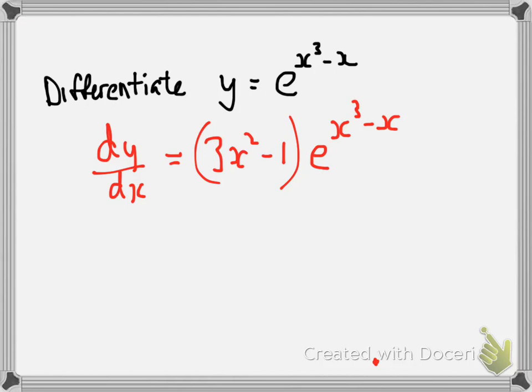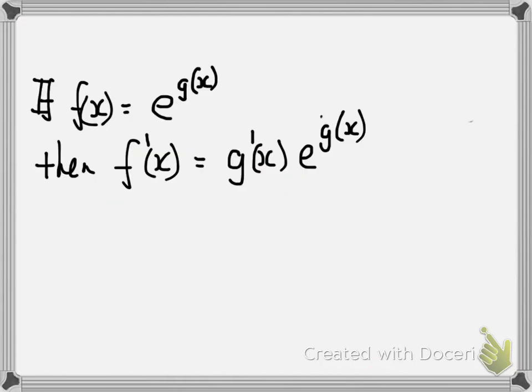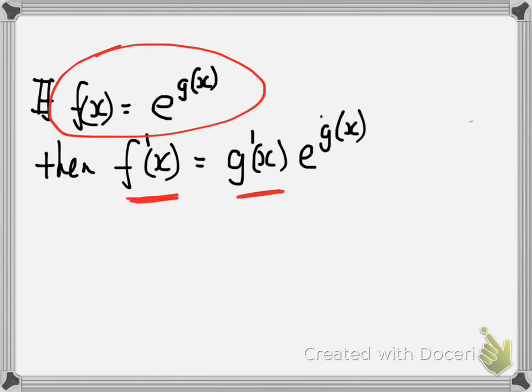Right with that? I think so. Yep. Here's the rule that sort of summarises what I've been saying verbally. That is, with these questions, if your function is exponential like that, e to the power of another function, the derivative is the derivative of the index, g dash x, so the index is g of x, multiplied by e to that same index.